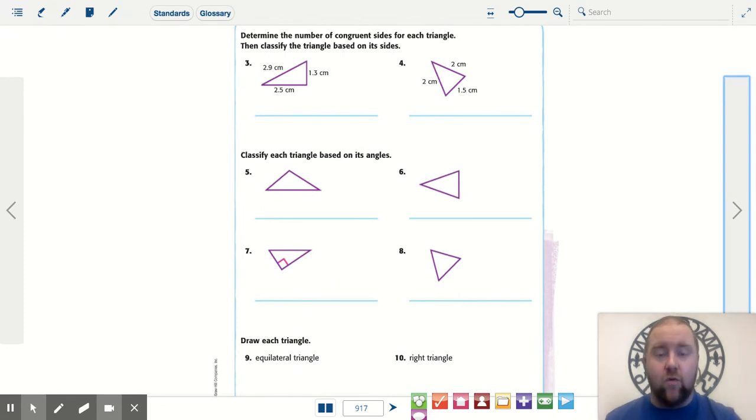They are acute, so it is an acute triangle. And then down here, all these angles look like they're about the same. Would it be equilateral? No, because equilateral has to do with sides. So when you're looking here and you see they're all acute, that would be an acute triangle, because when we're classifying by angles, it would be right, acute, and obtuse.